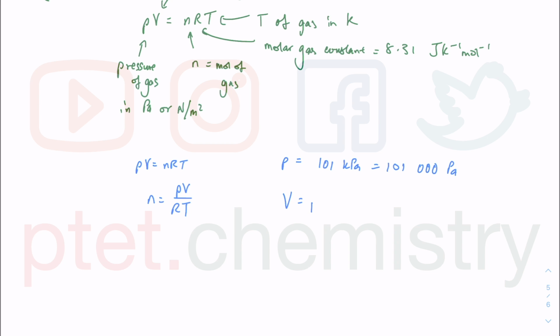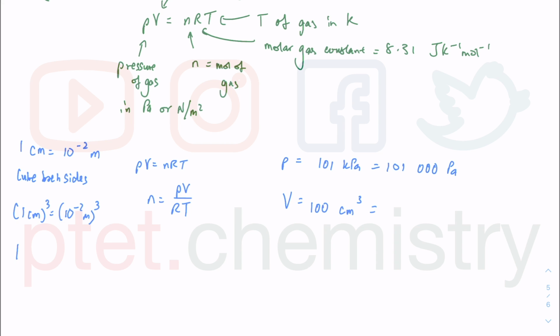Your V is given in cm cubed, and this is one of the hardest ones to do. So think about it. 1 cm is 10 to the minus 2 meter, because 1 cm, you divide by 100, you get meter. Then you're going to cube both sides. This is a classic trick. I never remember the conversion factor. I just work it out from scratch, because I can and I will.